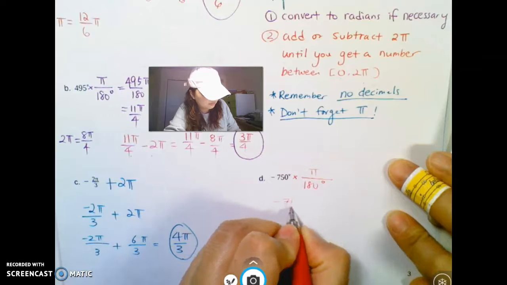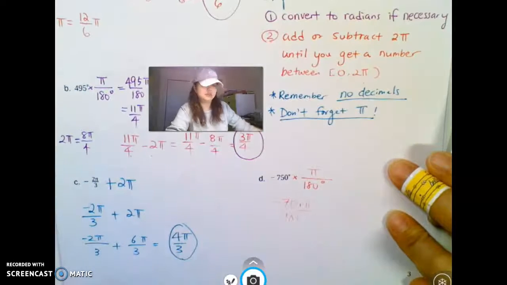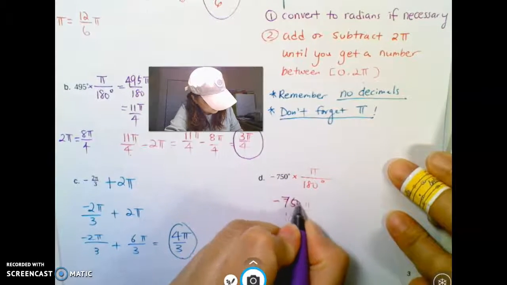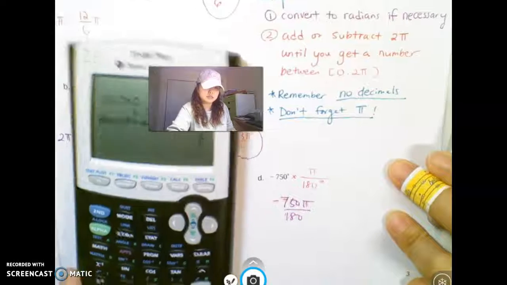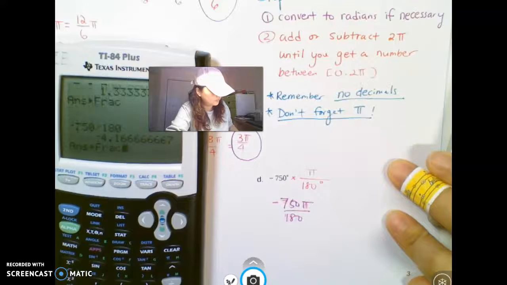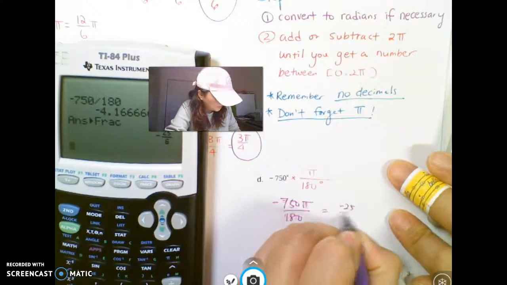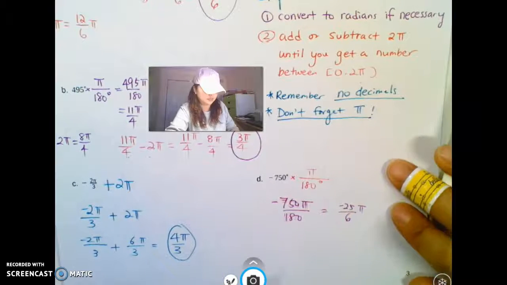So it's negative 750 pi over 180. Change to fraction. It's negative 25 over 6 pi. So that is what it is when you convert to radians.